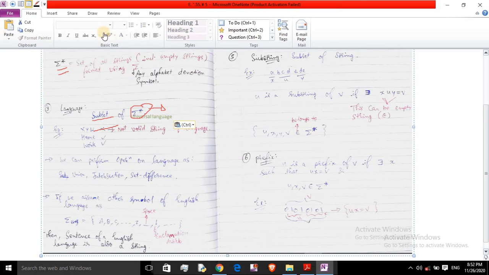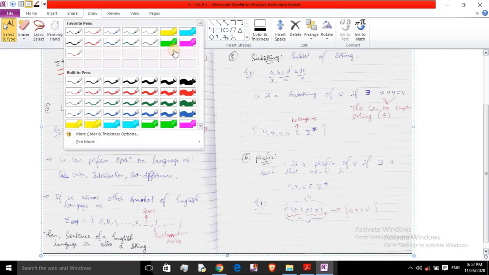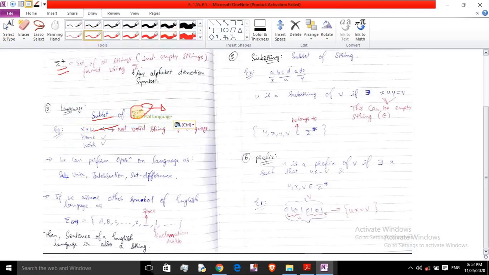Now look at this. What is it? It is a universal language. I think you are not able to see it properly because of its font size. So now look at this.